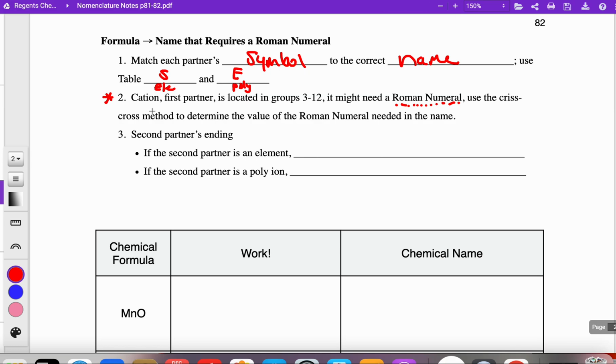So we will use a reverse crisscross method to figure out the value of the Roman numeral. And then the second partner's ending: if the second partner is an element, you have to change its ending to -ide. If the second partner is a polyion, just use the Table E name.